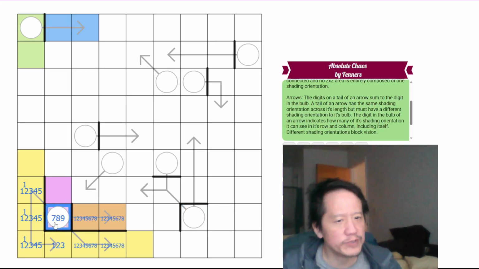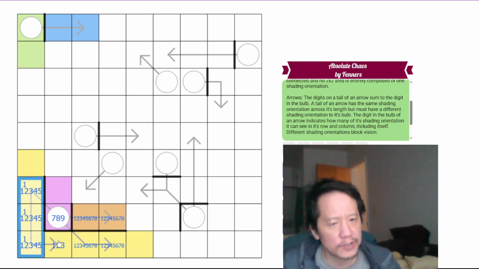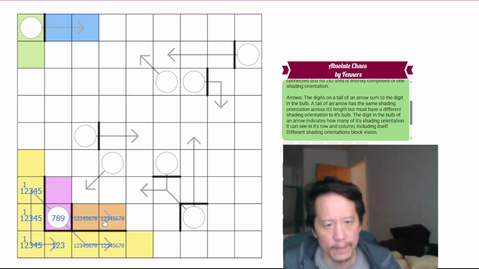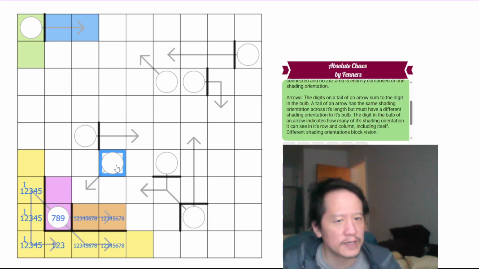Can this ever be 7? You'd have 1, 2, 3 here. This would be 1. You'd have 2 and 3 here. 1 through 6. Yeah, it's possible still. This digit is the same as that one.